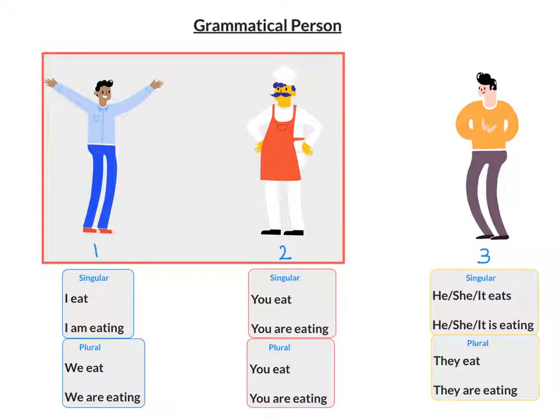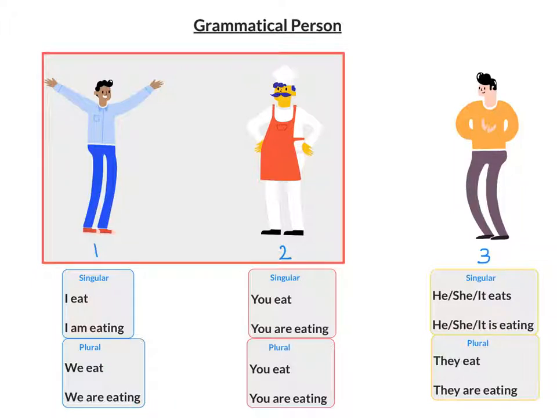So I've kind of summarized what we have been talking about here. So there are three grammatical persons. The first person is who is talking, and he's talking about action that he himself is doing. So we can say I eat or I'm eating, and in plural we say we eat or we are eating.